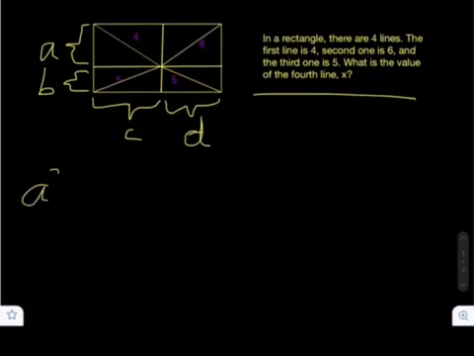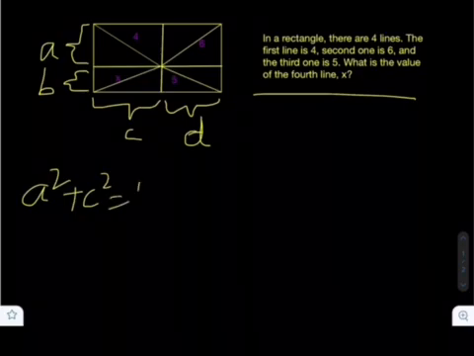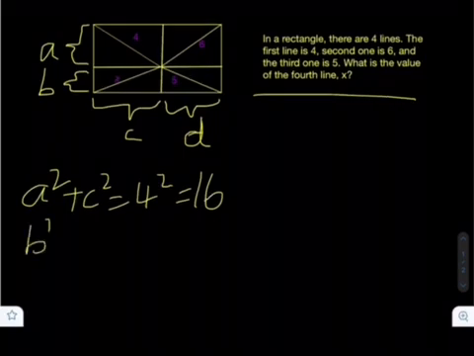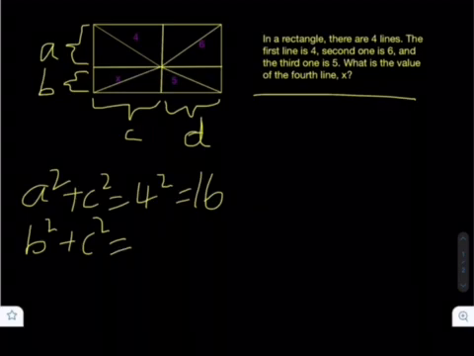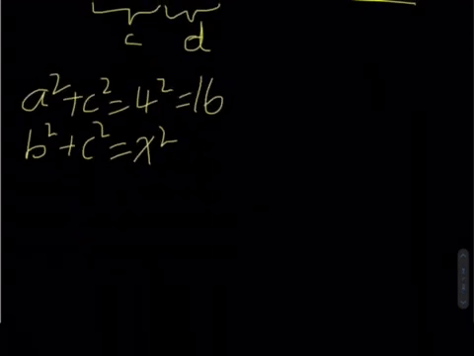So now we know that A squared plus C squared equals 4 squared, which is 16. B squared plus C squared equals x squared. That's the one on the bottom left.